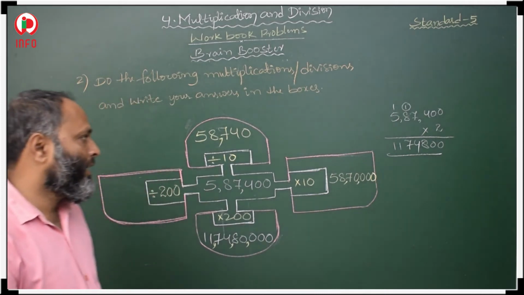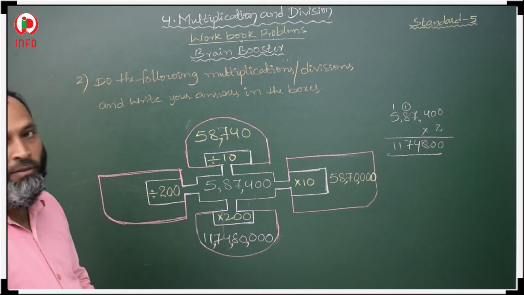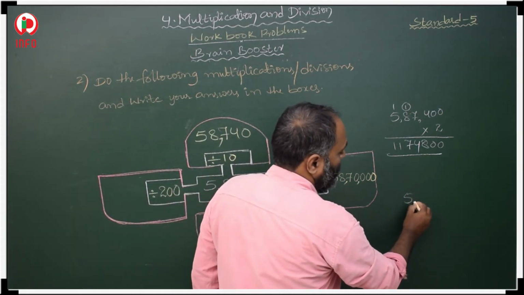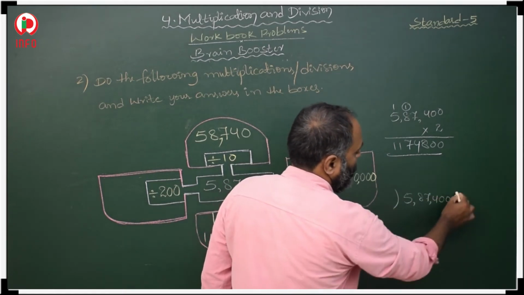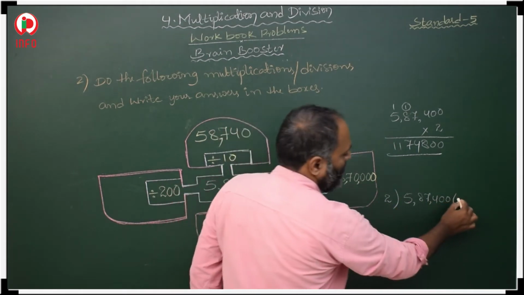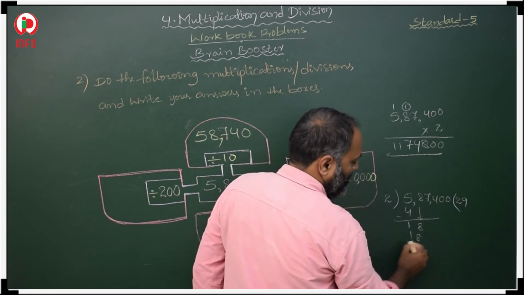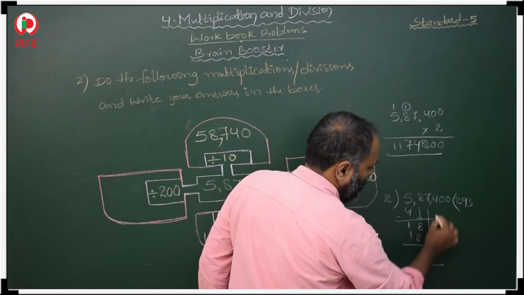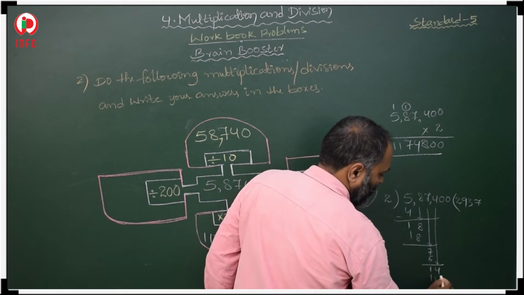When you divide, your value will decrease. Now here we divide by 200, so we first divide this number by 2. This is 5 lakh 87,400, divided by 2. 2 twos are 4, minus 1 and 8. 2 nines are 18 and next 7. 2 threes are 6, and then after here 1 and 4. 2 sevens are 14 and 0.